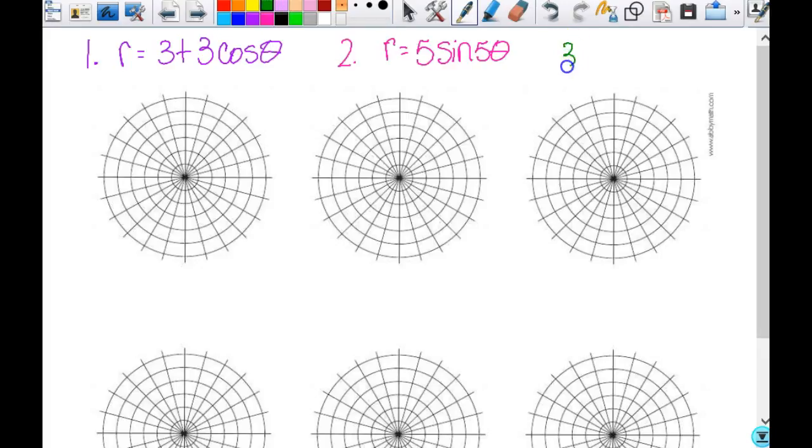Number 3, R equals 2 plus 4 cosine theta.